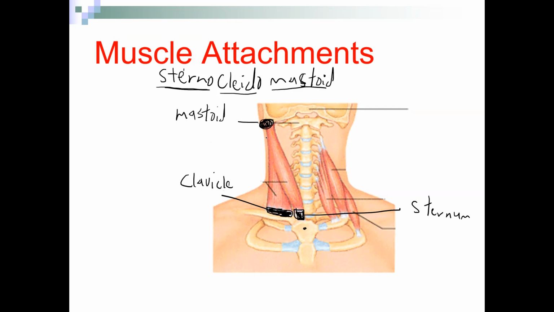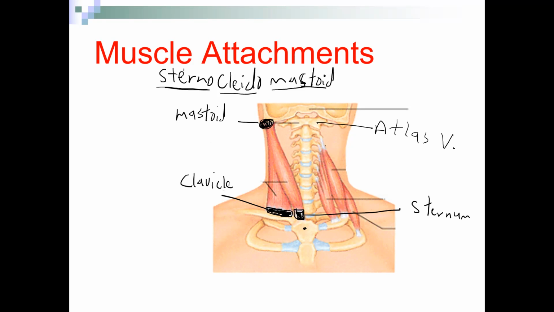What I will say is this. Remember now, you're attached at two positions here, one on the sternum, one on the clavicle. So when this muscle contracts, it's going to pull on the sternum and on the clavicle. The joint, of course, that is going to be moving is going to be this here. That is your atlas vertebra.